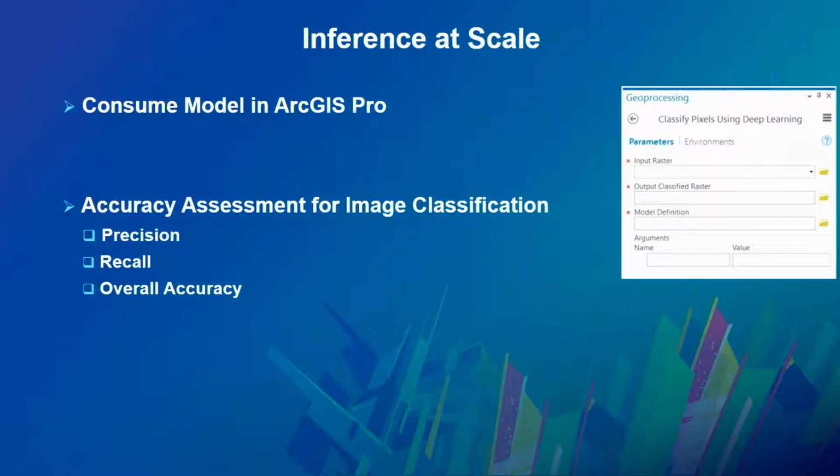After building the model, we do the inference. So if you have a new area that you want to use your model on, you don't need to label it again. You can classify pixels using deep learning in Pro. And it's super simple. You just input your raster, which can be NAIP imagery for any area, or any other imagery that has the format RGB plus near infrared, and you can consume it here.